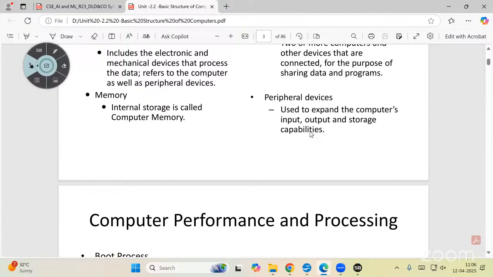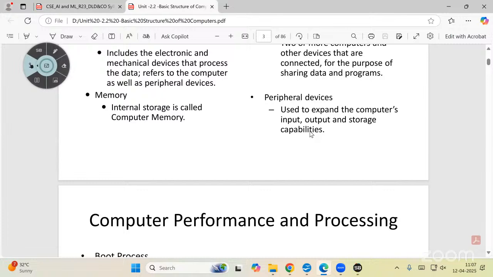And coming to the memory. We said the program has two memories: code memory and data memory. Where we place that data and save our program in the computer, that is called the memory. Internal storage is called computer memory.